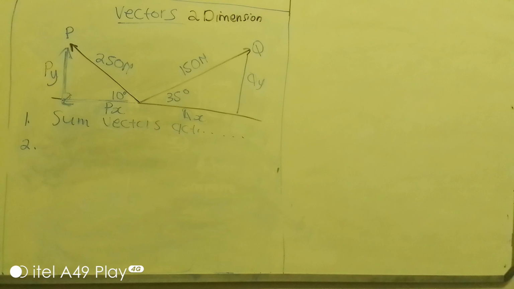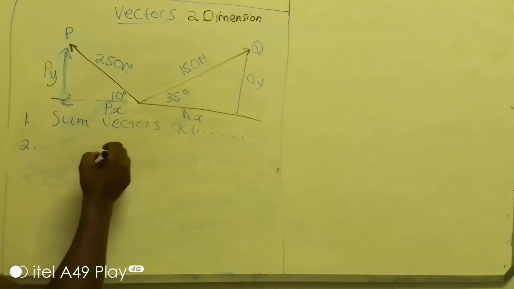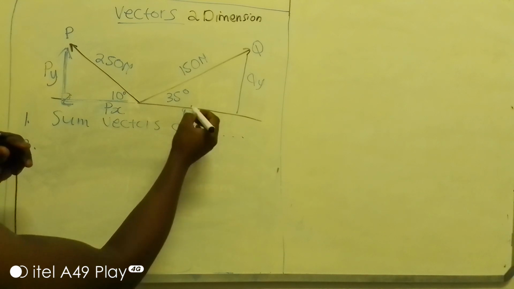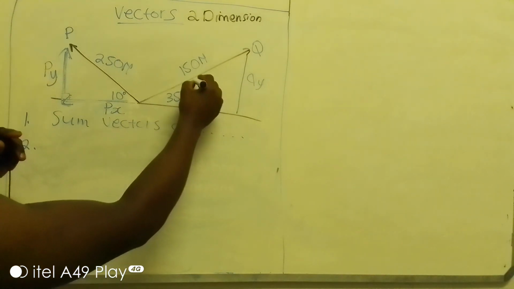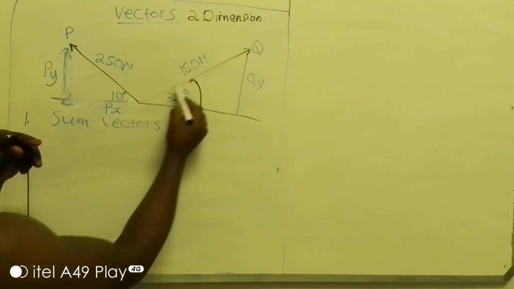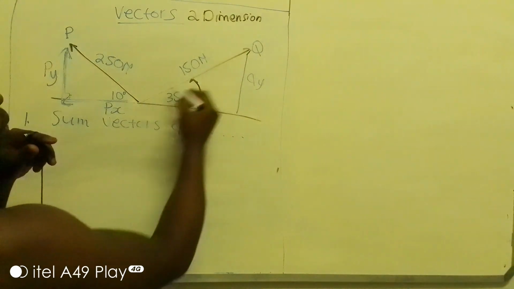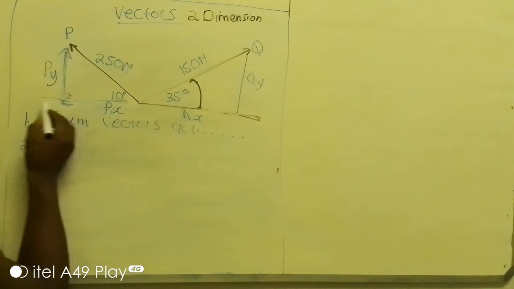Okay. So remember, theta is the angle that starts from the positive x-axis to the vector we are talking about. In other words, the angle for vector Q is 35 because you start from this x-axis. See this whole horizontal line?